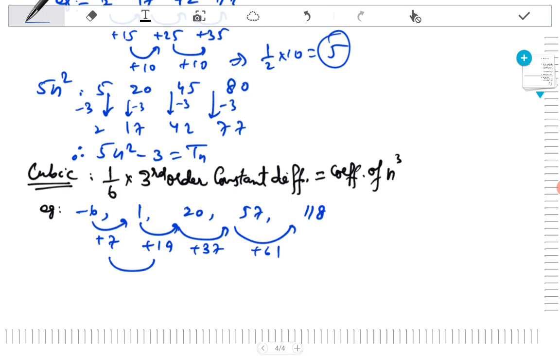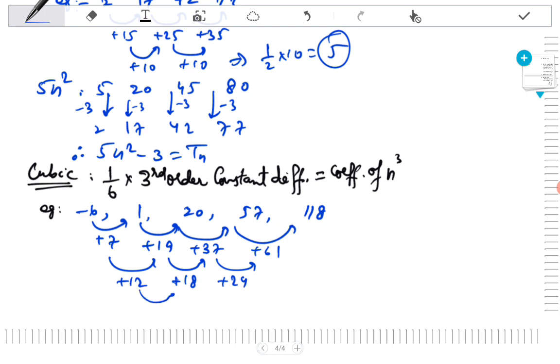And now try the second order difference. It's plus 12, 37 minus 19 is 18, plus 18, 61 minus 37 is 24.